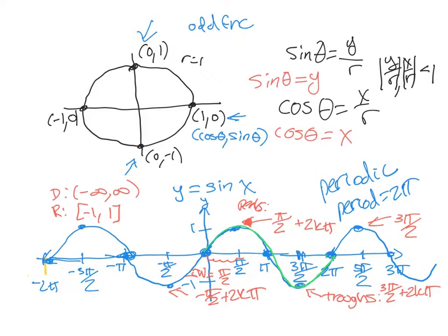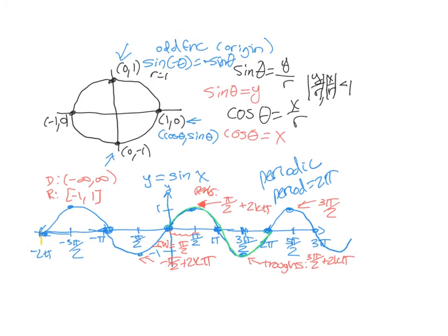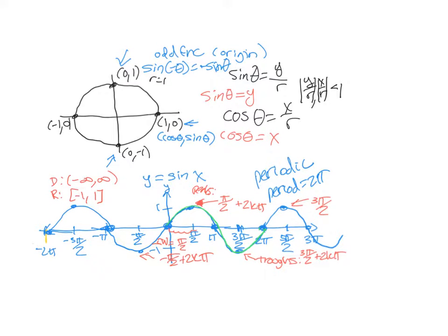And another way to justify, and again, because it's origin symmetry, but another reason is if I do sine of negative theta, well, if it's odd, that should be equal to negative sine theta. And in this case, that in fact is true, because if I were to just, let me scrunch it up a little bit.